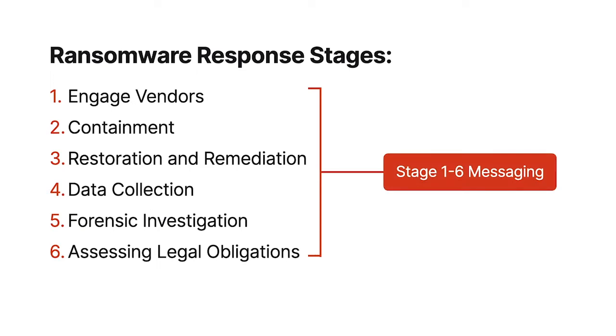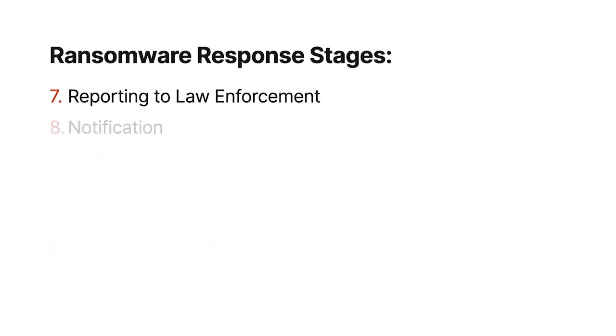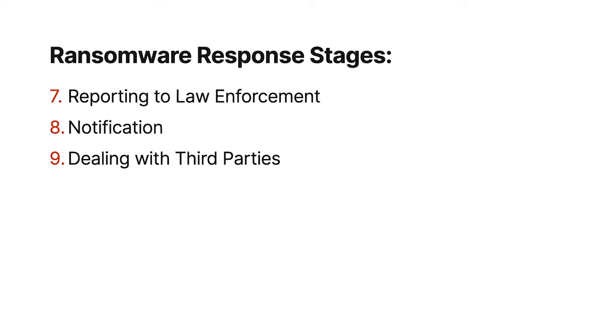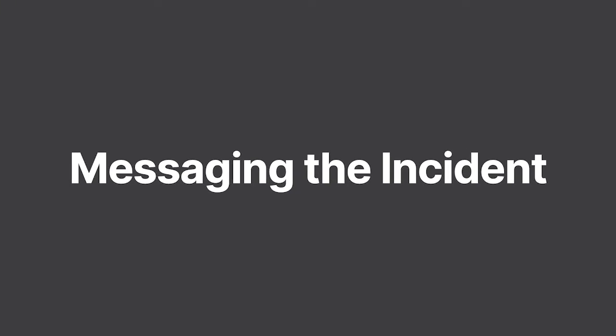What we're going to focus on now in part 2 is, I'm going to call it stage 9 for purposes of this presentation, but it's really dealing with third parties. And what do I mean by dealing with third parties? Well, it really comes down to messaging, reporting to law enforcement, notification, and talking with the threat actor. Those are the 4 areas that we're going to focus on today.